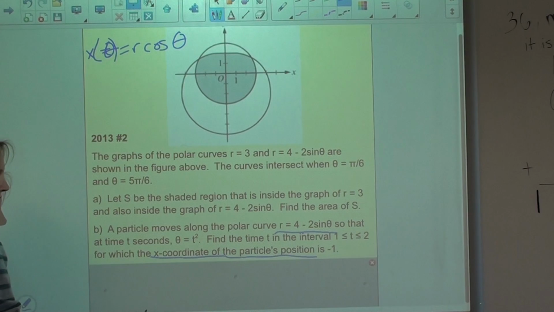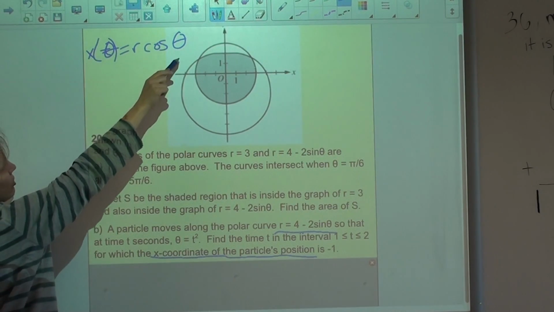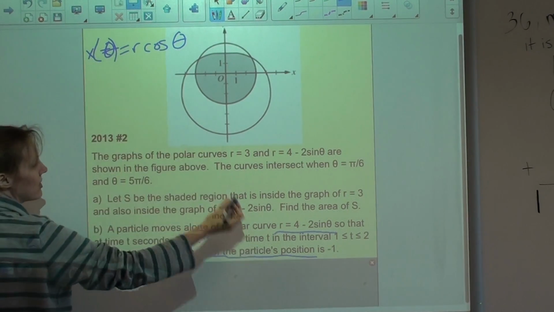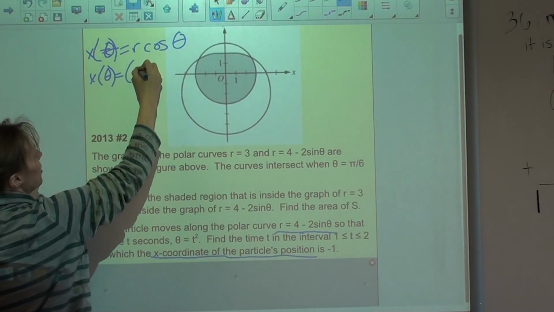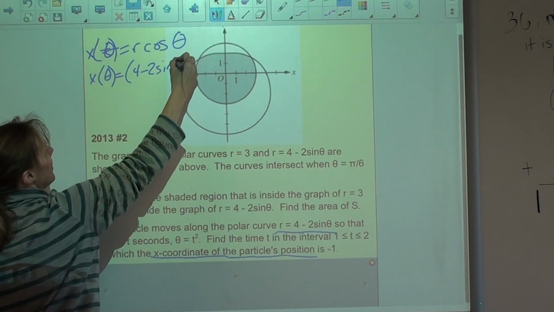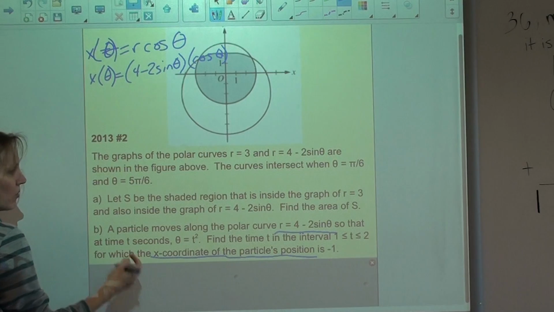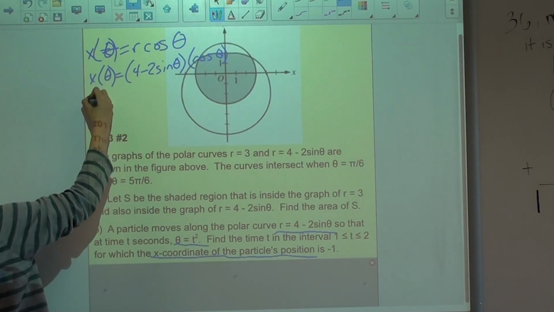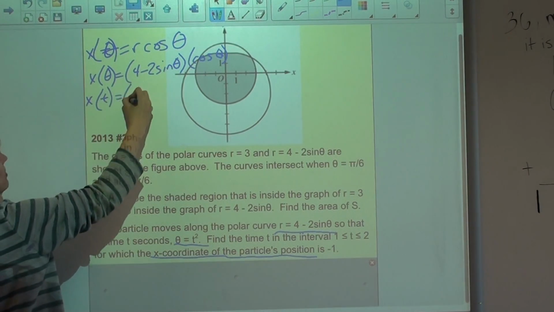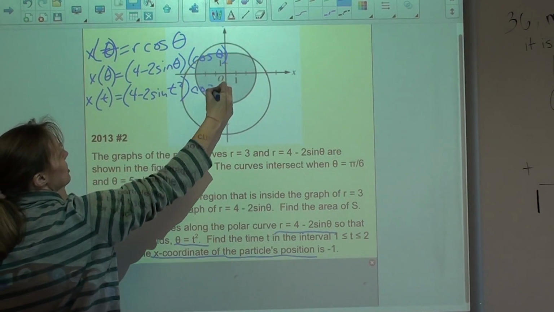An x-coordinate for any polar function is r cosine theta. So x of theta is 4 minus 2 sine theta times cosine theta. But we want a time t, so they said let theta be t squared. So now x of t is 4 minus 2 sine t squared times cosine t squared.